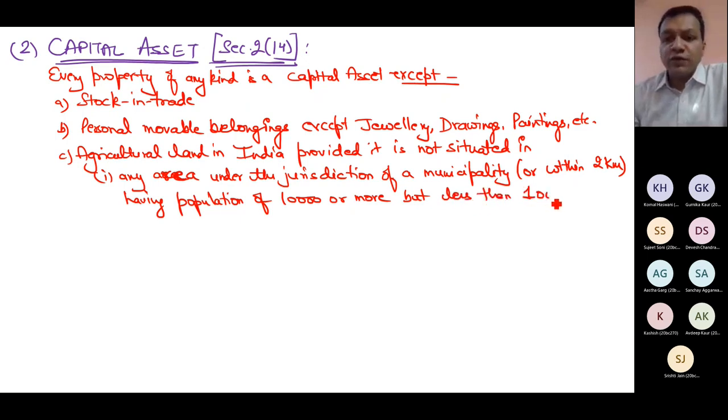So if your agricultural land is in any area which is within the municipality whose population is 10,000 or more but less than 1 lakh, that agricultural land is not a capital asset.